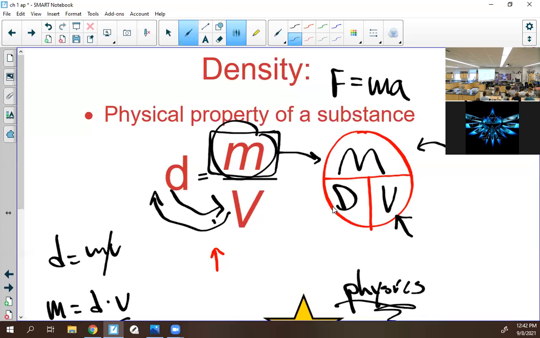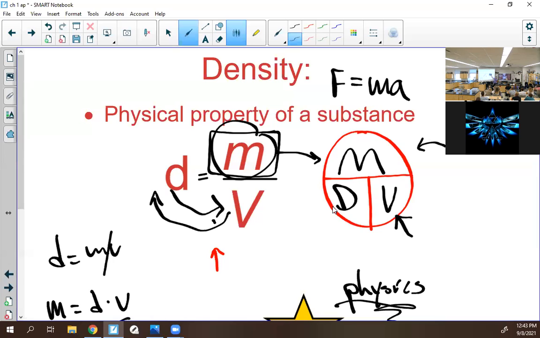So if I want to know density, I cover up D and I'm left with mass divided by volume. If the problem asks me for volume, I cover volume up and I'm left with mass divided by density. If I want to solve for mass, I cover mass up and I'm left with D times V.